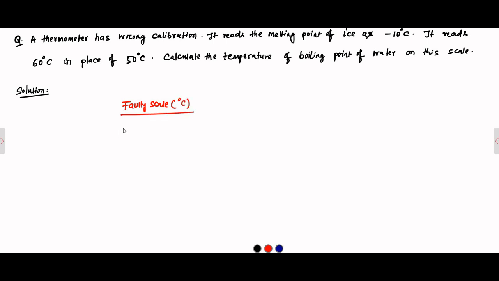Here we have the specific reading, the faulty reading, which we'll call TW in degrees Celsius, equal to 60 degrees Celsius. This is the faulty reading. So that faulty reading minus the wrong lower fixed point.